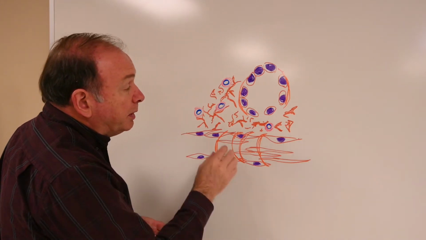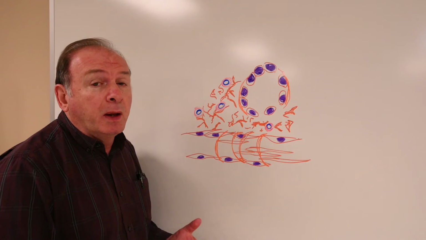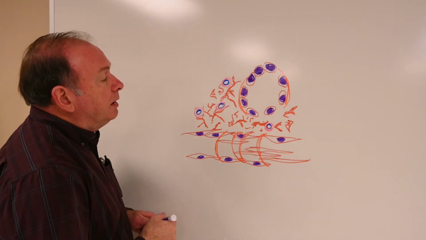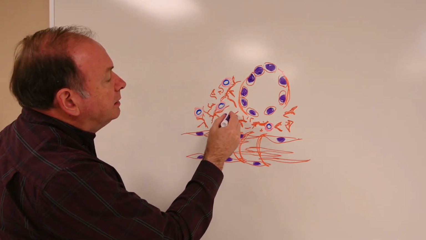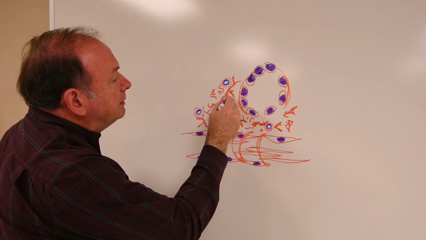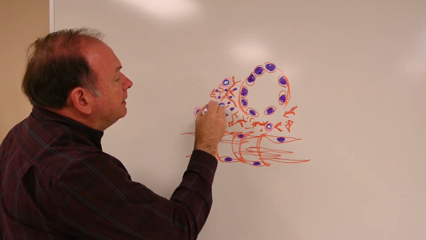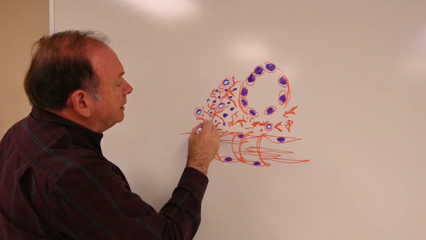Beyond that, there are going to be a lot of red blood cells. There are going to be different kinds of macrophage cells, neutrophils, and lots of lymphocytes out there. So we're going to find our lymphocytes in fair numbers out here. And I can't draw it all in, but you kind of get the picture.